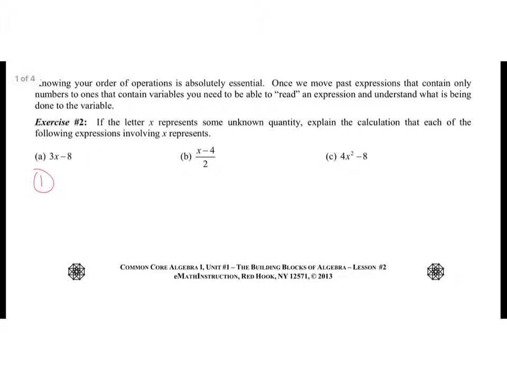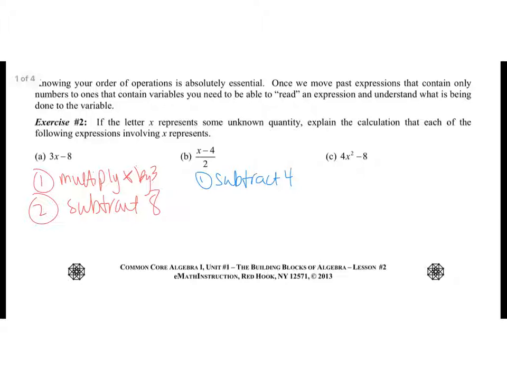So the first thing you do for this one is you multiply X by 3. And then the second thing you do is you subtract 8. Letter B, first you subtract 4 from X. And then second you divide by 2.